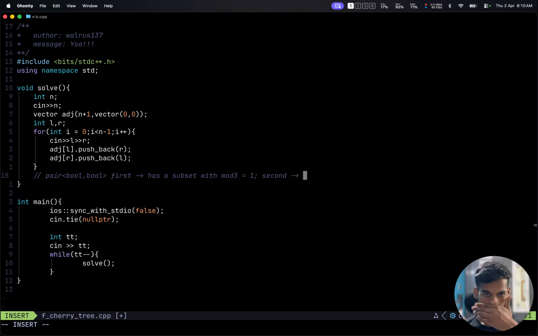Second, size mod 3 equal to 0, because 1 is always a possibility. And third, with size mod 3 equal to 2.